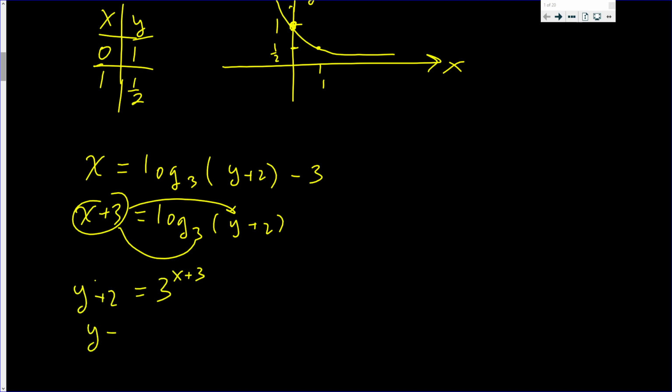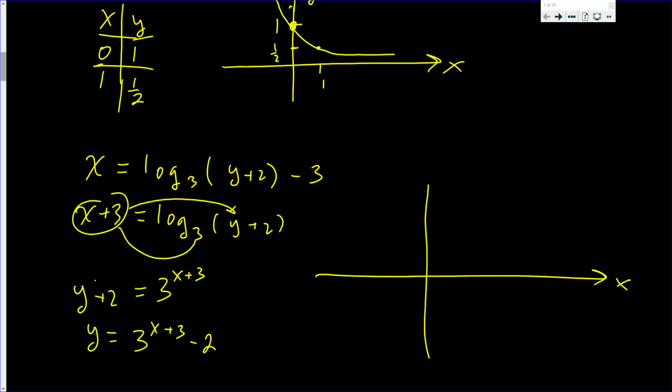How about we just bring the 2 over to the other side as minus 2. Minus 2. Now, all that changes in this problem is the vertex.